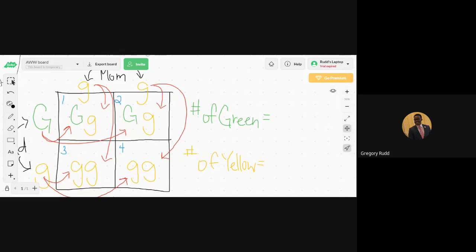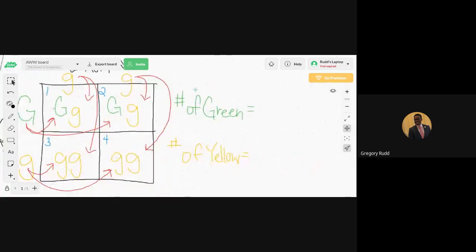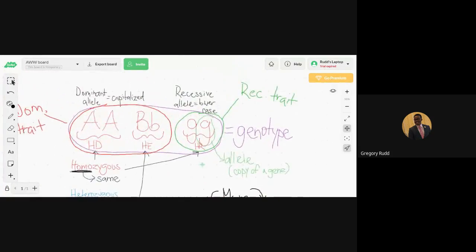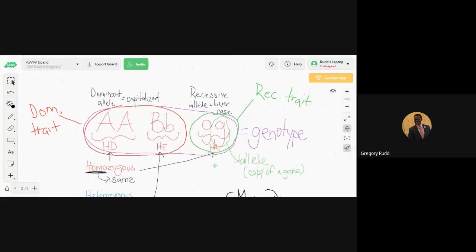So remember, phenotype and genotype are just 2 different ways of describing the same thing. So let's go back up. My genotype might be homozygous dominant, like this one. But my phenotype is going to be whatever the dominant trait is.